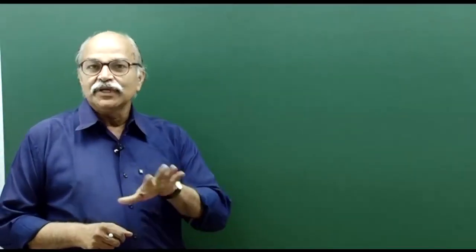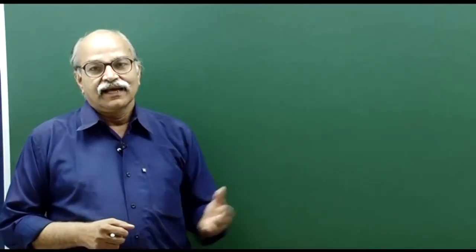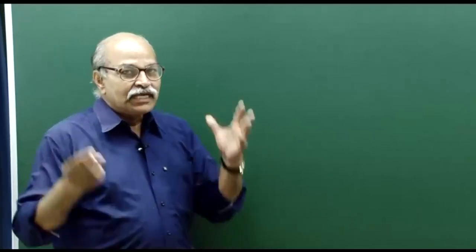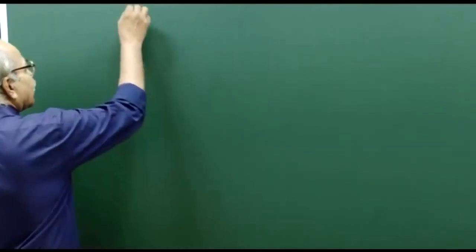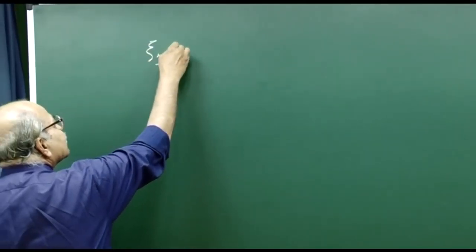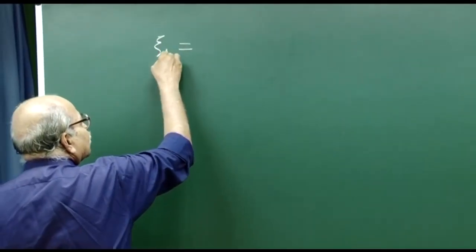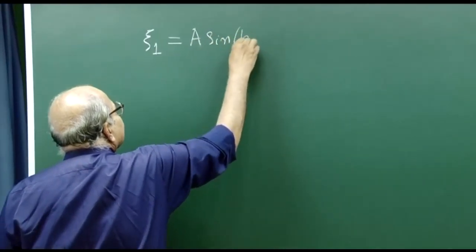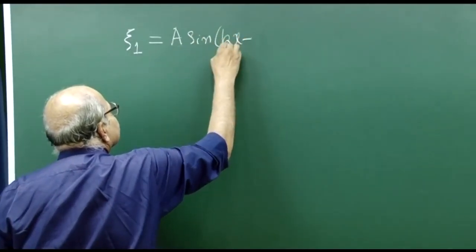Suppose you have two sine waves, one going in the plus x direction, the other in the minus x direction, one ongoing, another reflected. So, the equations you can write as some displacement: this is the ongoing wave, A sin(kx minus omega t).